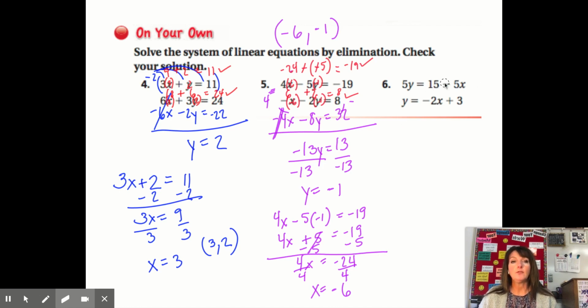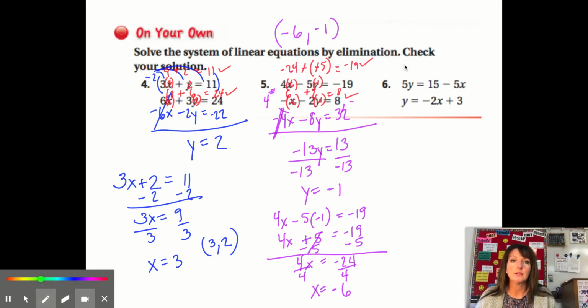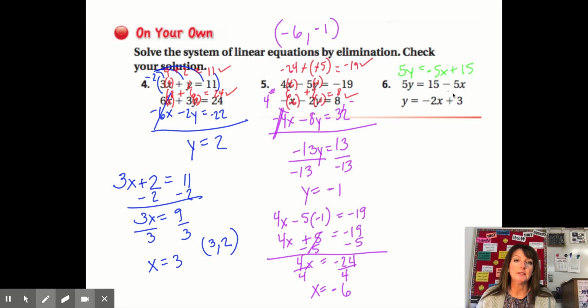So let's go ahead and first put this into the correct shape. Let's maybe solve the top one by, well, let's just rearrange these. So let's do 5y is equal to, let's do negative 5x plus 15, since that was negative and that was positive.